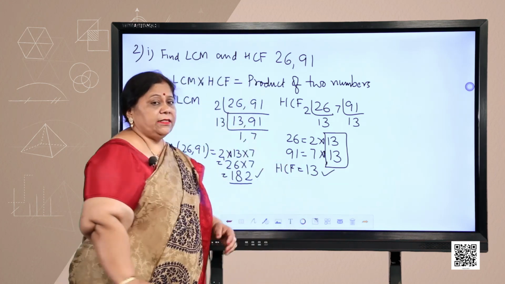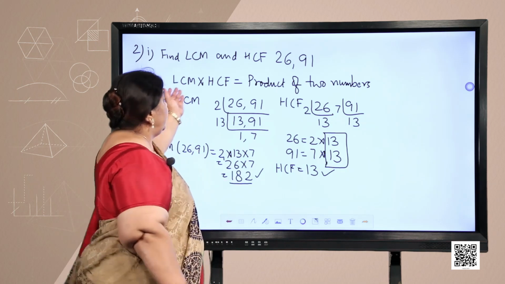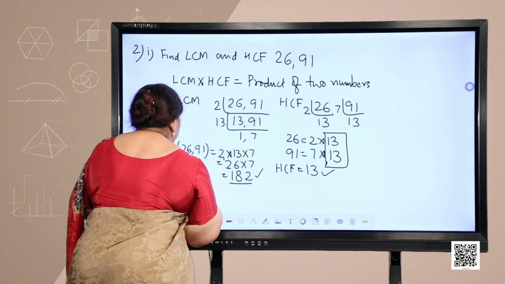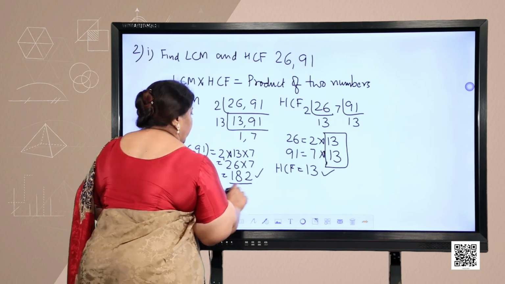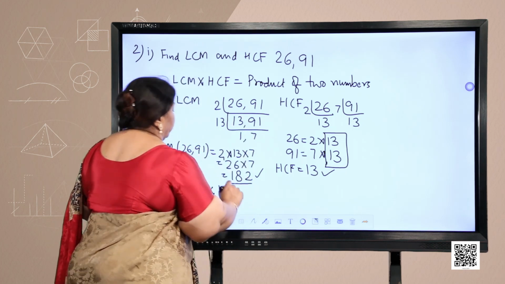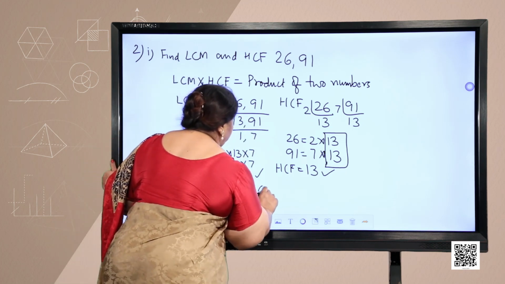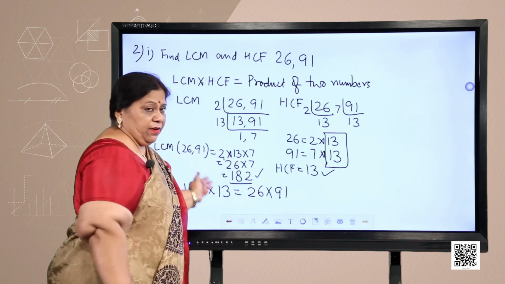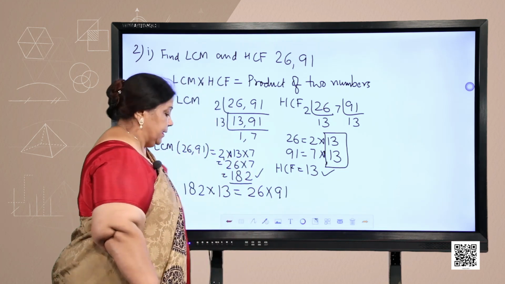Now, the question demands the verification also, LCM into HCF. So, what is LCM? 182 into HCF, that is 13 is equal to product of 2 numbers. What were the numbers? 26 into 91. We need to verify LHS is equal to RHS.